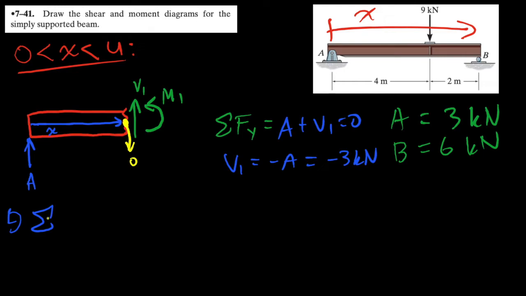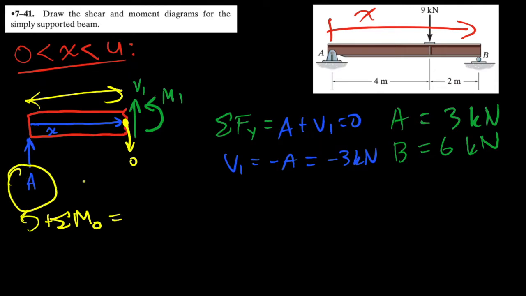So the summation of moments about point O is equal to this distance, which is our moment arm, times the magnitude of A. Notice that this distance is not fixed because we are considering x 0 to 4.